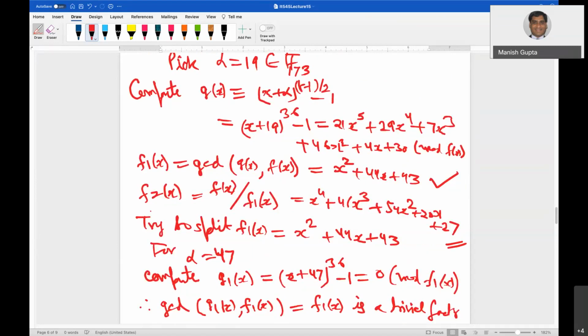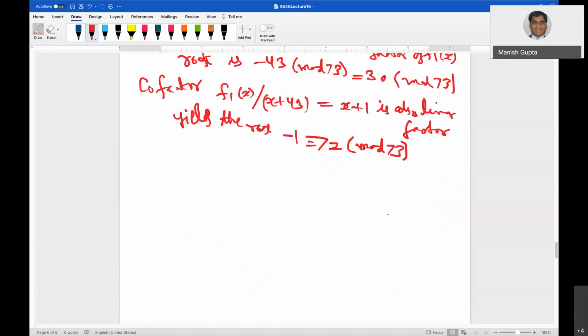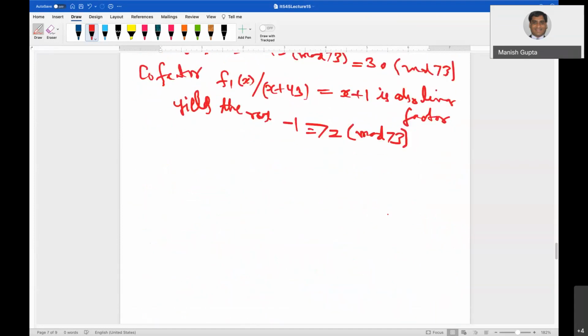f2 of x is x raised to power 4 plus 41x cube and so on. So let us consider the next one. So we try to split f2 of x, which is x raised to power 4 plus 46x cube.